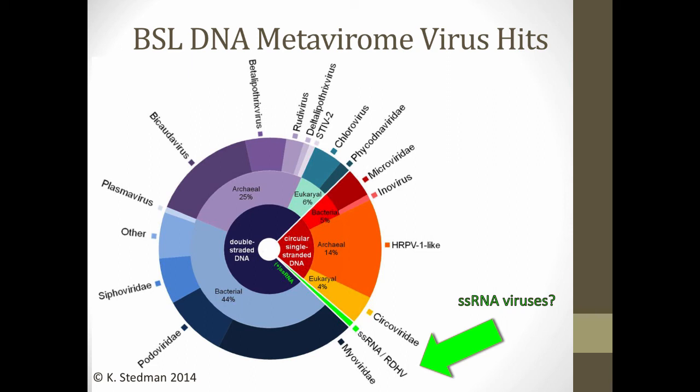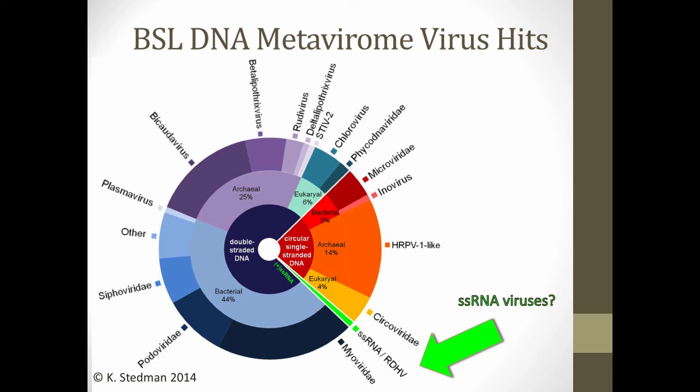A metagenomic study refers to going into an environment, extracting the DNA in that environment, sequencing the DNA, and then being able to answer questions about what types of microorganisms are here and what those microorganisms are doing. When we look at a metavirome, we select only for viral nucleic acids, and we can do that just by size excluding cellular life.